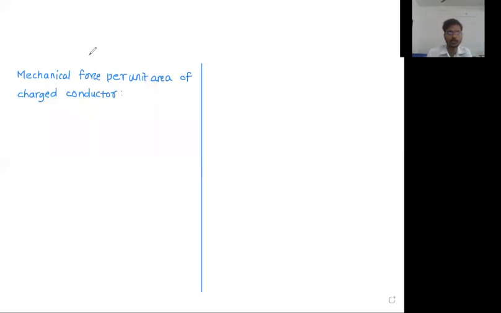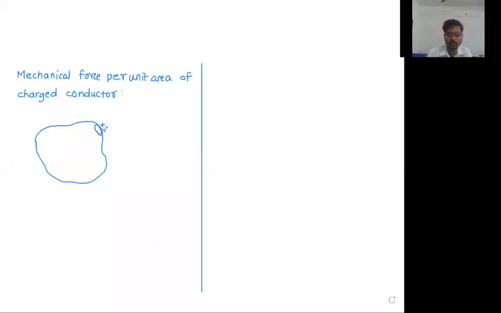So let us take a charged conductor of any random shape. Now what we have to do is consider a very small portion of the conductor. We assume that this small portion is in the electric field of the remaining charged conductor.